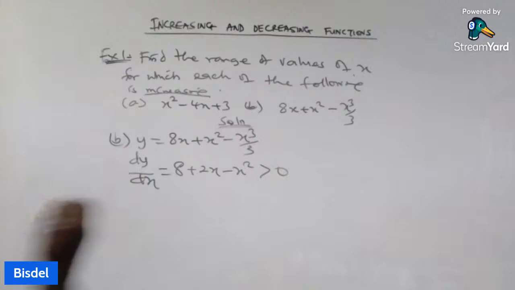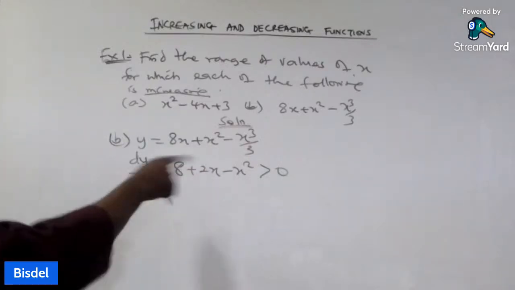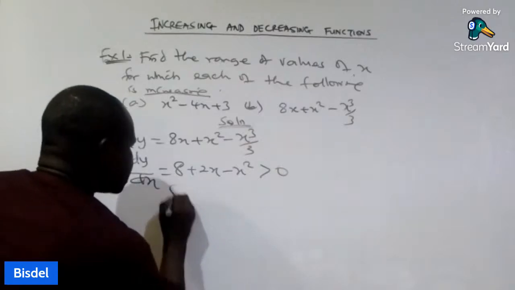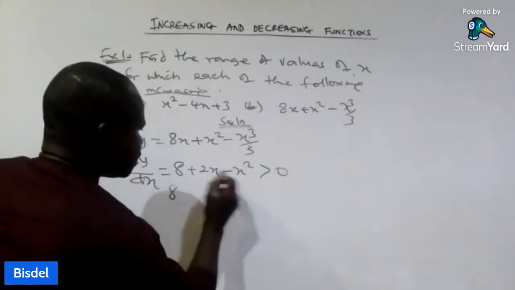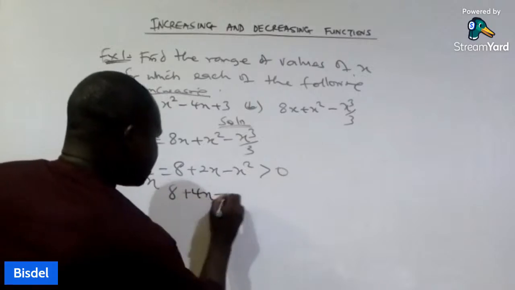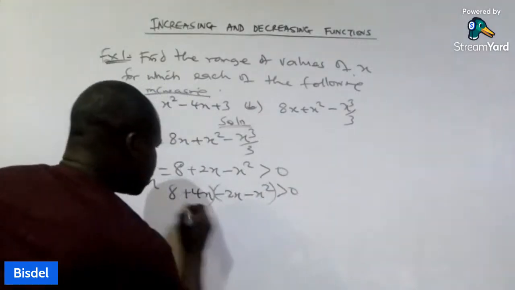Then what I have at the left hand side is a quadratic expression. I can go ahead and factorize this. That is here, I'm going to get 8 plus 4x minus 2x minus x squared greater than 0. Then I do the grouping.